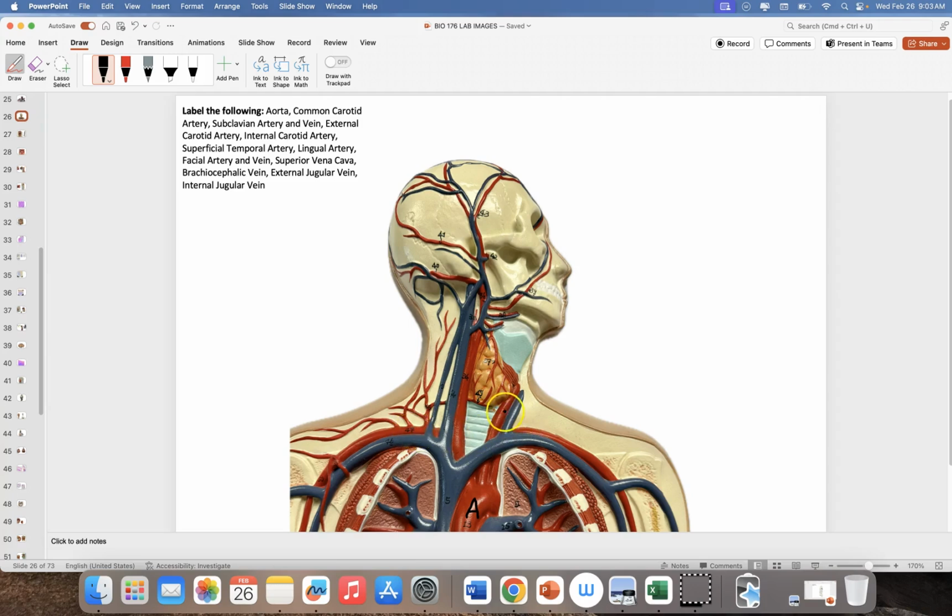Those ones we will go ahead and label. This one and this one. These will be common carotid arteries. Again, I'm just going to use A for artery to keep it short and simple.